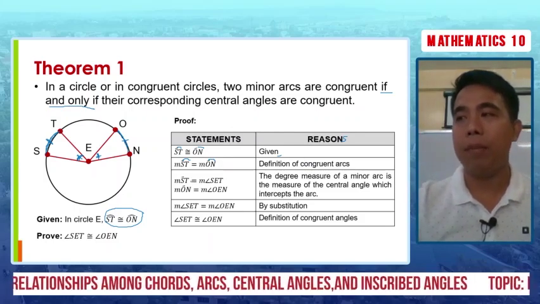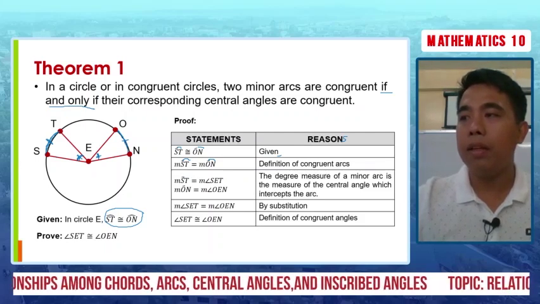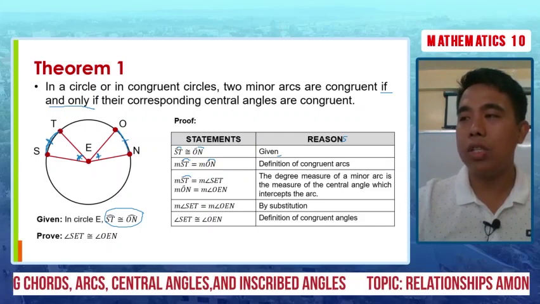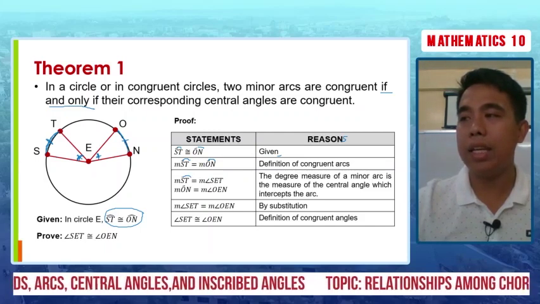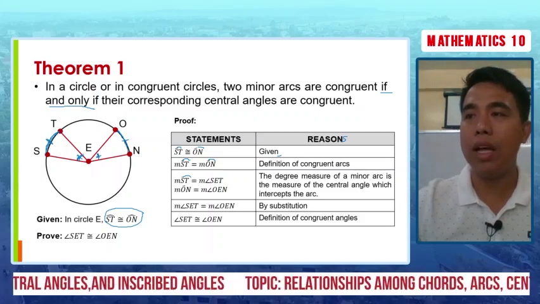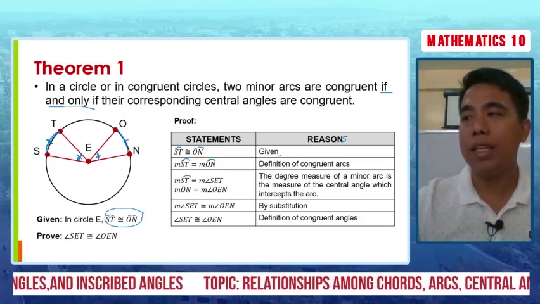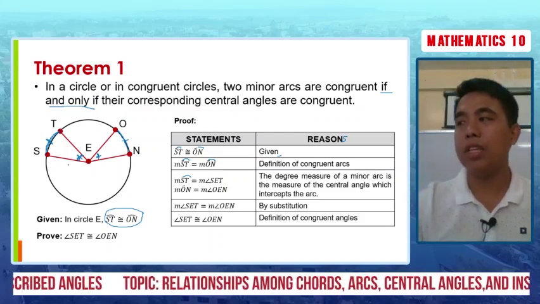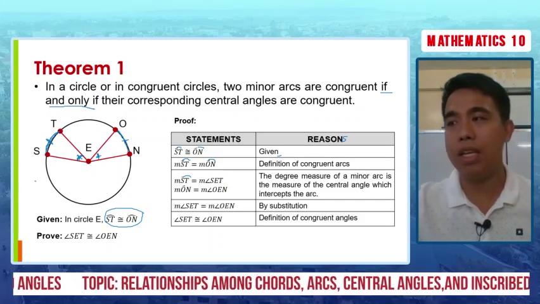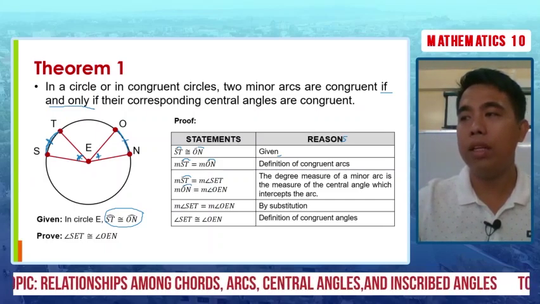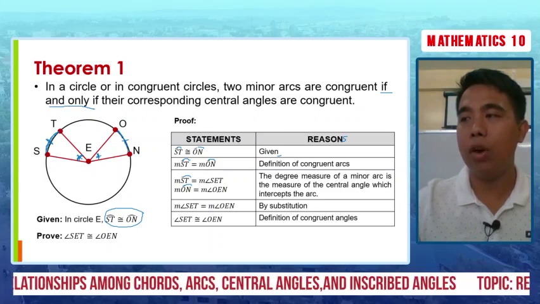And then, the measure of arc ST is equal to the measure of angle SET. The degree measure of a minor arc is the measure of the central angle which intercepts the arc. The same goes for the measure of arc ON: it is equal to the measure of angle OEN.